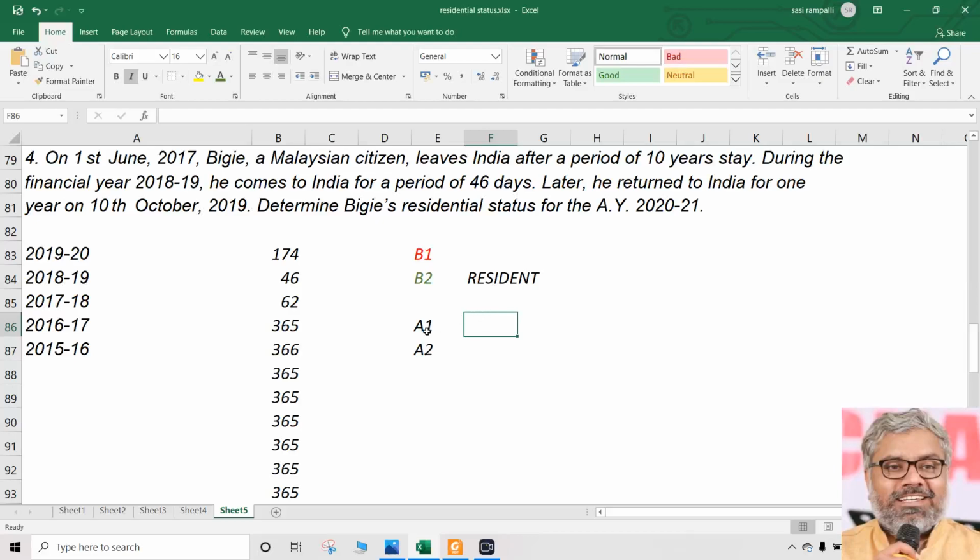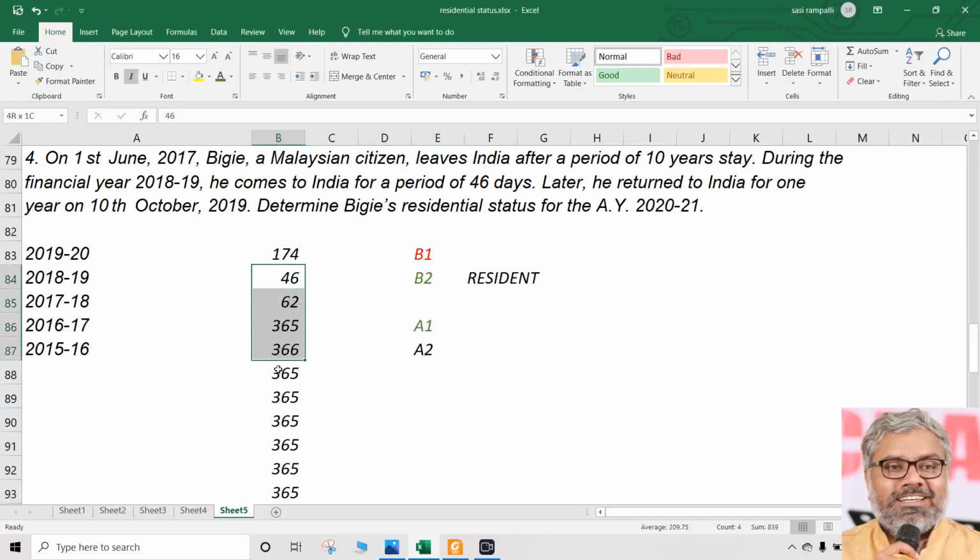Now let us look at additional condition number 1 for checking ROR. What is additional condition number 1 for ROR? That person should be a resident in India for at least 2 out of 10 years immediately preceding the previous year. Yes or no? Absolutely yes. We don't need to look at it. Just by looking at these many years he was resident, forget about 2 years.